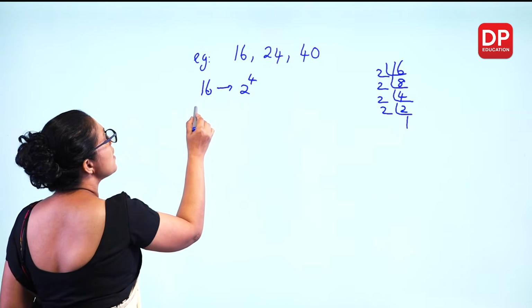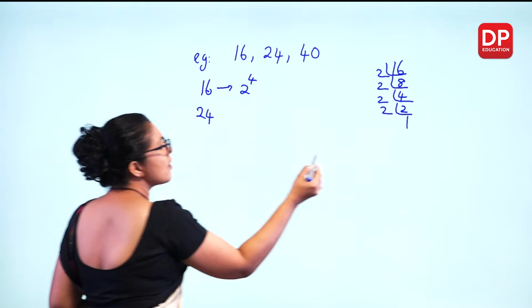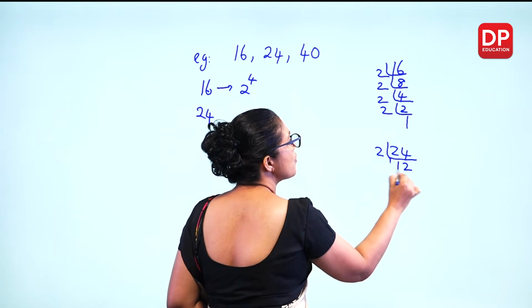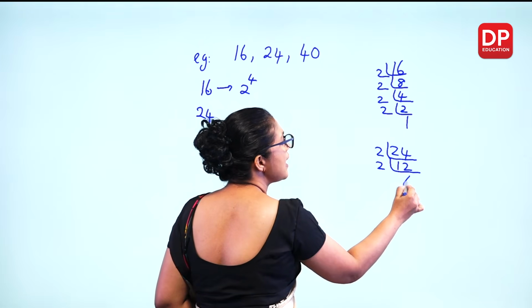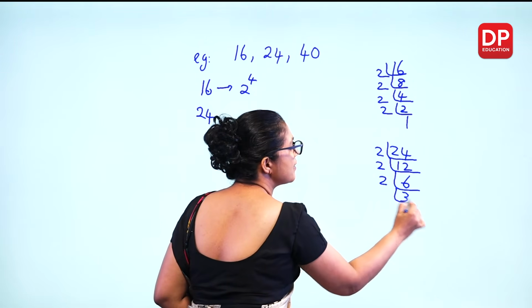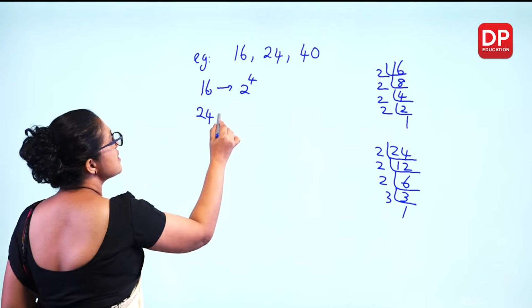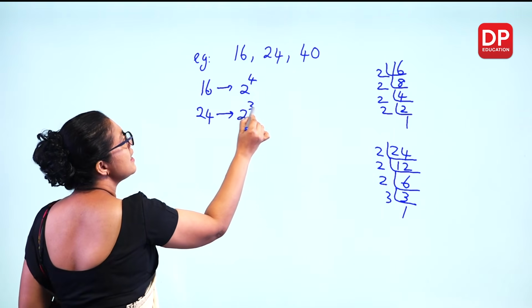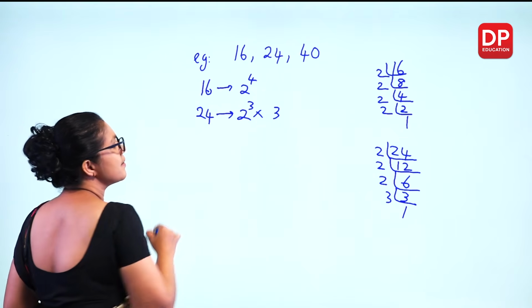What about 24? Divide by 2, you get 12. Divide by 2 again, you get 6. Divide by 2, you get 3. So how many 2's are there? 2 to the power 3 and 3.